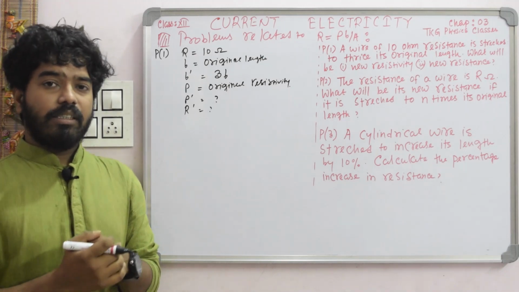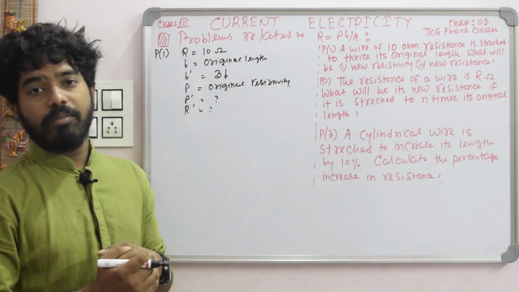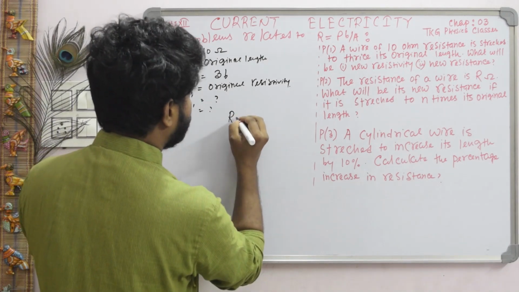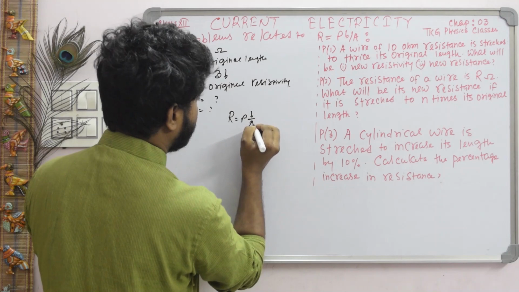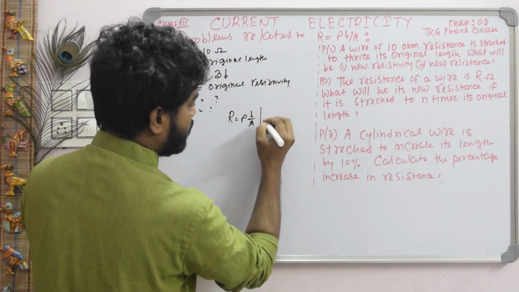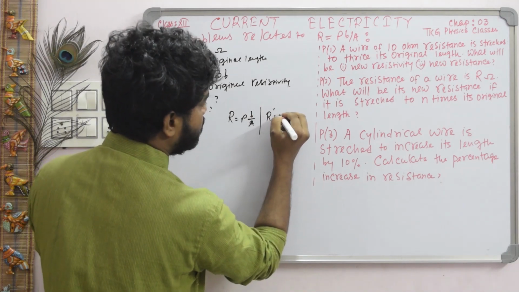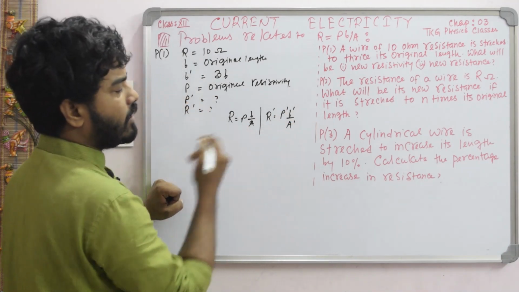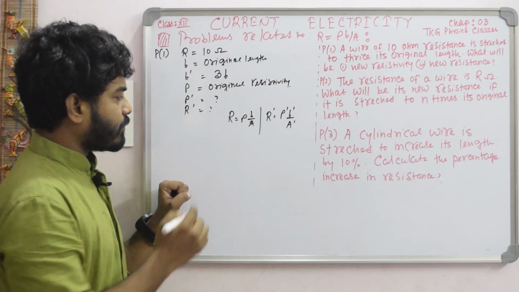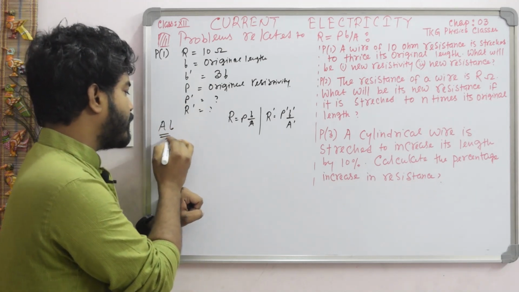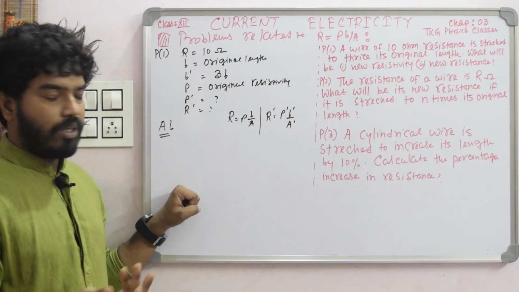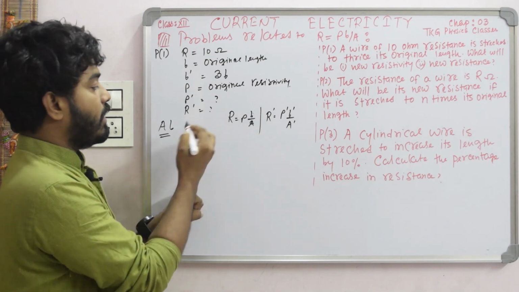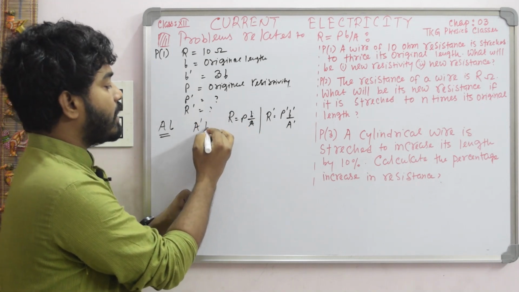For solving these types of problems, you have to remember one part. You know the formula R is equal to rho L by A. This is the first case, and again we can write R dash is equal to rho dash L dash by A dash. This is the second case. Now area into length represents volume: for the first case length L, area A, and for the second case A dash and L dash.